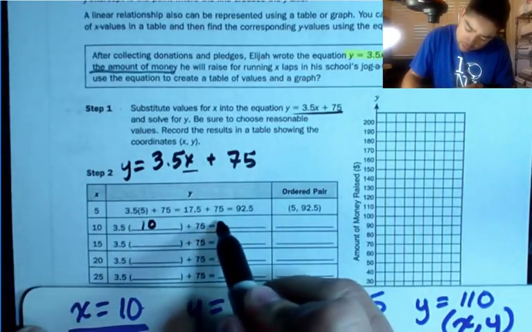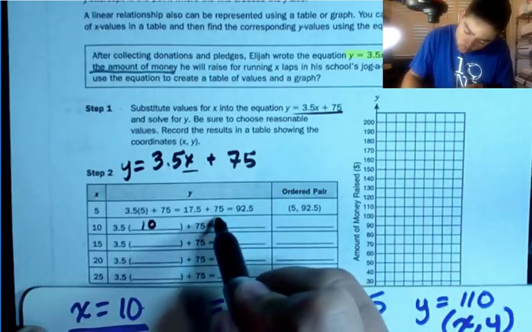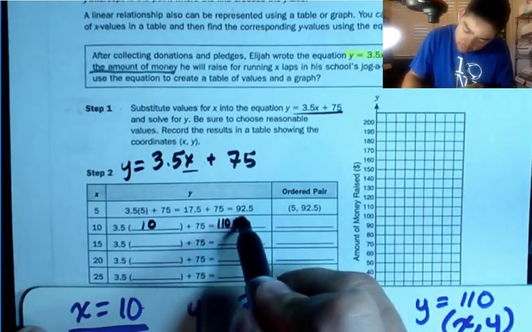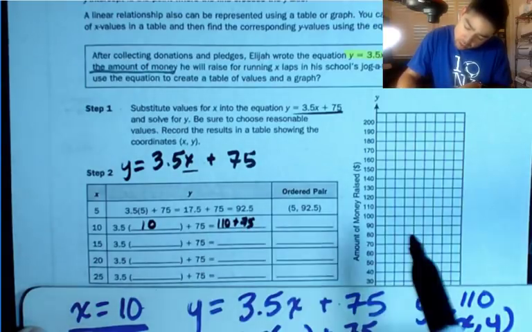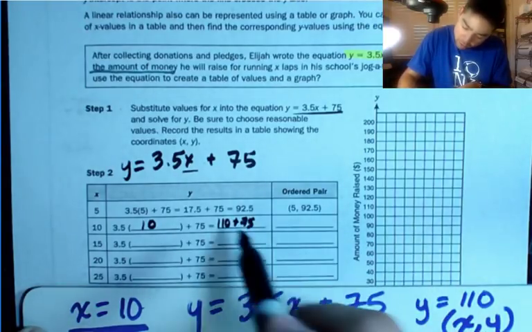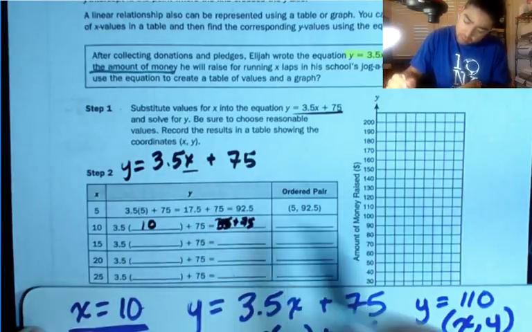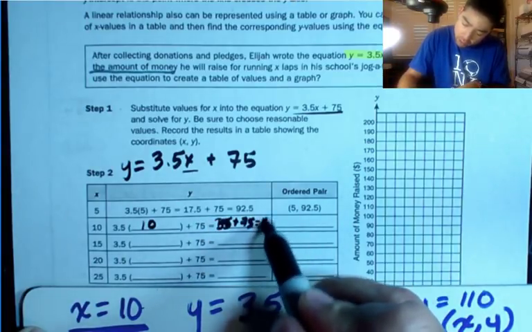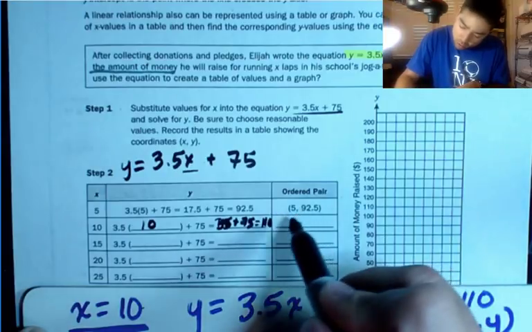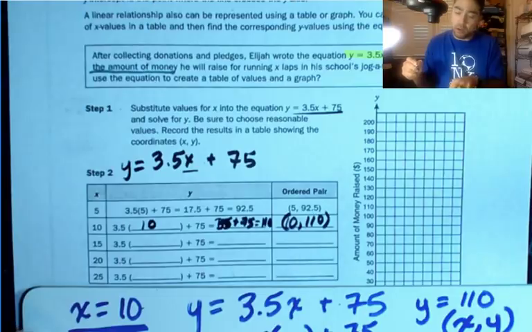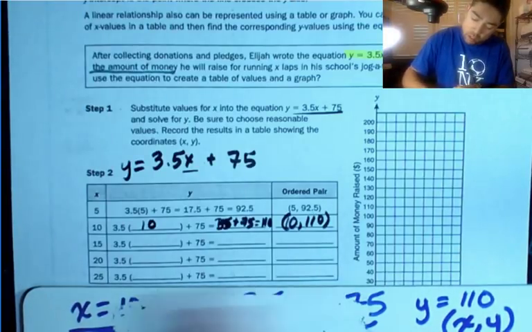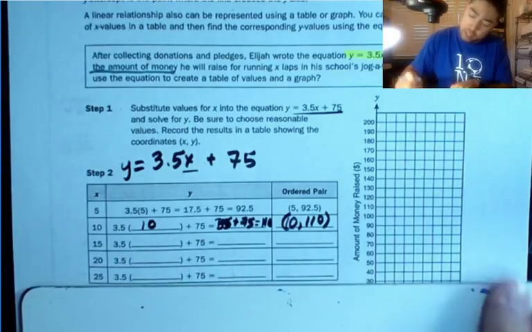Then we had 35 plus 75, which equaled 110. Our ordered pair was 10, 110, right? I'll do one more, and then I'll let you finish the rest of the table, and then we'll go ahead and put this information into our graph.